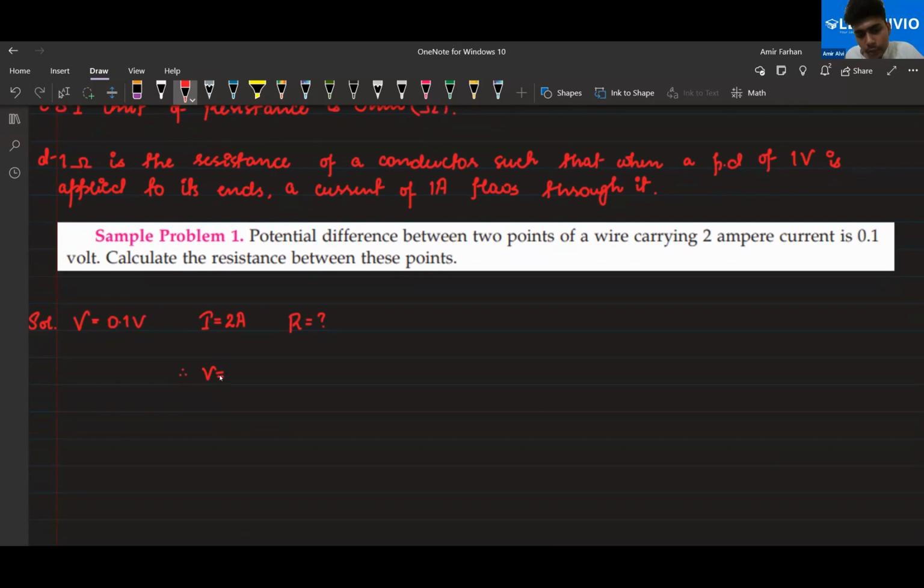We know that V is equal to IR. So R will be equal to V by I, yes or no, everyone? Yes. V is 0.1 divided by 2, so it comes out to be 0.05 ohms. So this is your answer.